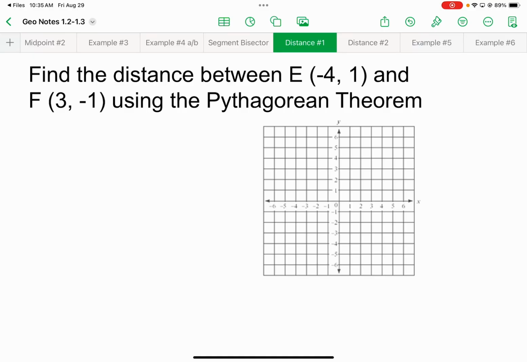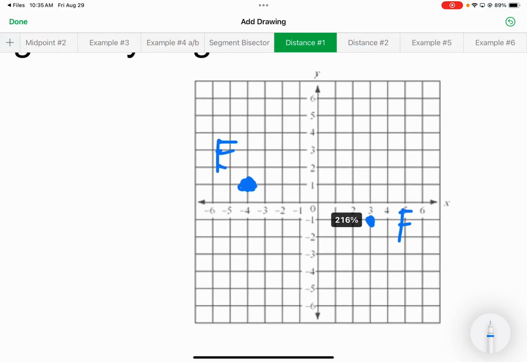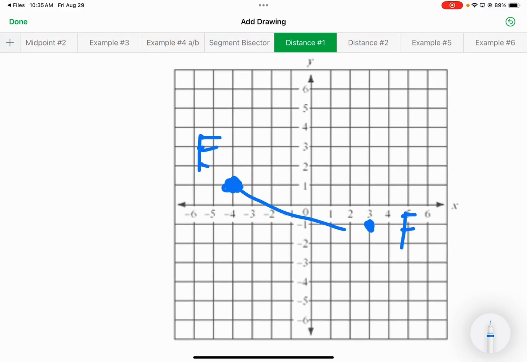All right, so -4, 1 would be right around here. And then 3, -1 would be right around here. So this is E, and then this is F. I want to find the distance between these 2 points, which means I want to find the length of this line right here.